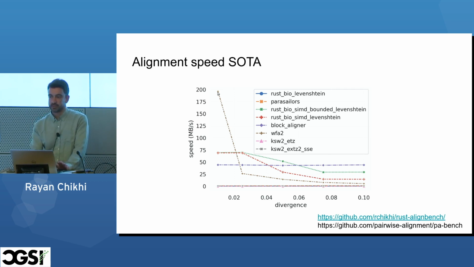But if you have genomes which have high divergence, then it would be advisable not to use it, because then you would fall into this regime. What is interesting is that KSW2, that is used in Minimap2, you can't even see it in this plot. It's close to 0. So that shows a big potential benefit of incorporating one of these recent alignment algorithms inside popular alignment tools.